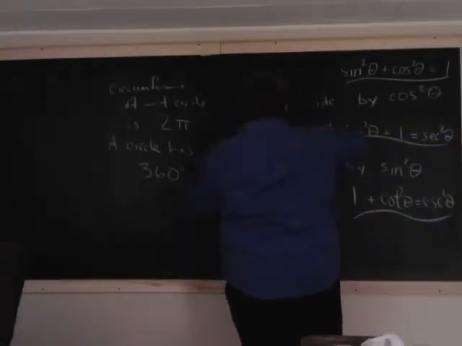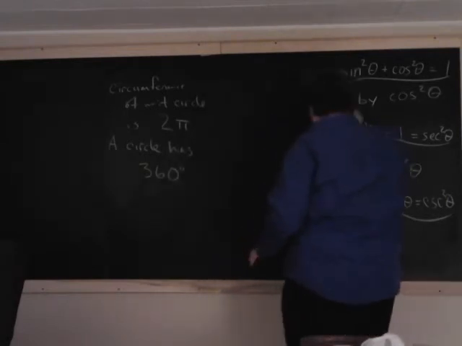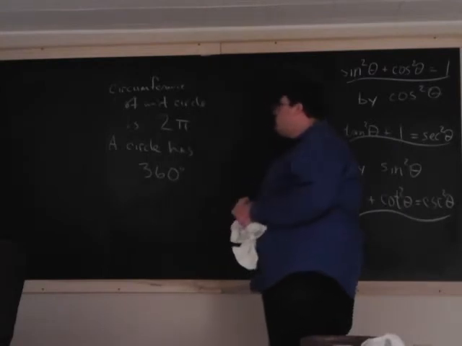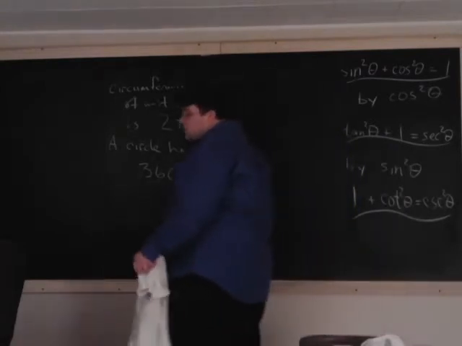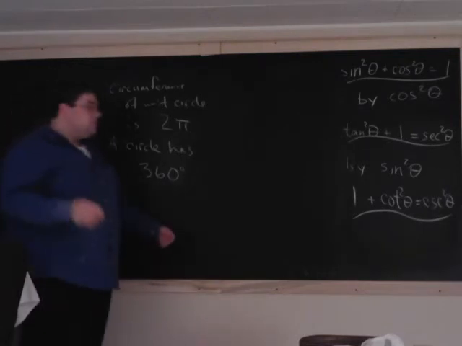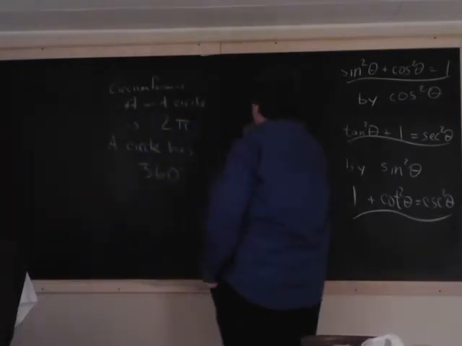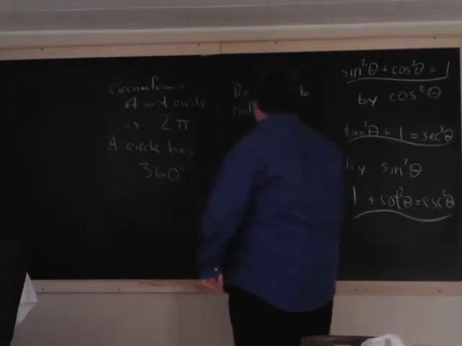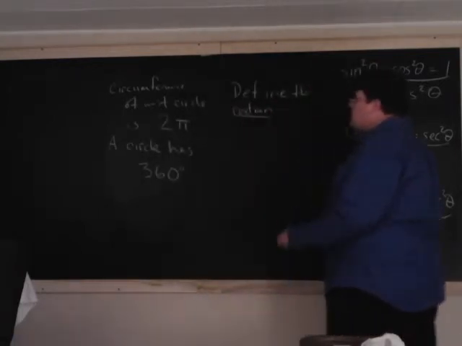We're going to define the radian to relate the circumference of a unit circle to the angles in a unit circle. So how do I want to say that? Well, let's just say it. Define the radian to relate these two.